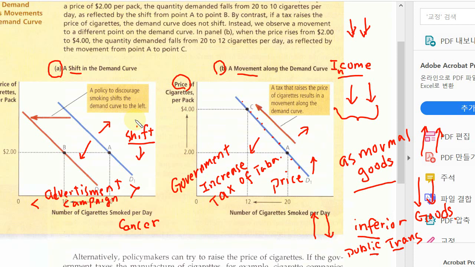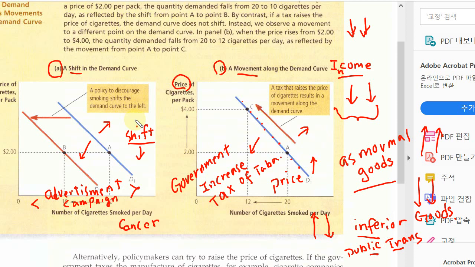So you can use the taxi, or you can use your private vehicles, because you can afford that kind of private one. So in this case we call it inferior goods. Inferior goods are the goods which move contrary. Once income increased, demand for inferior goods decreased.